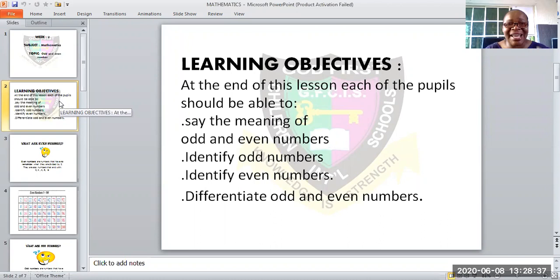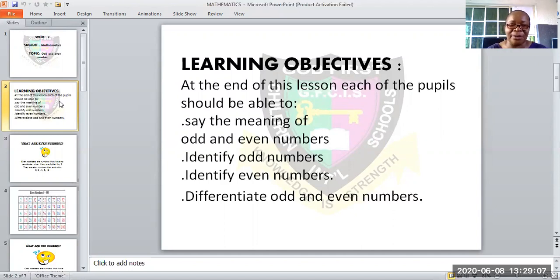We should be able to tell somebody, teach somebody, when asked about odd numbers or even numbers. Are we clear? The second objective is for us to be able to identify odd numbers. Is that clear?